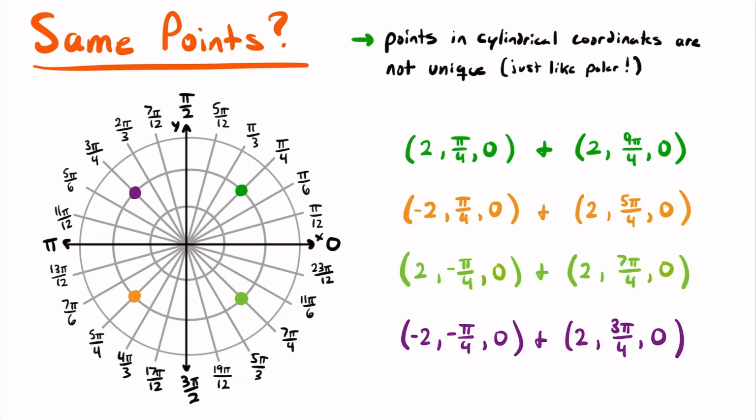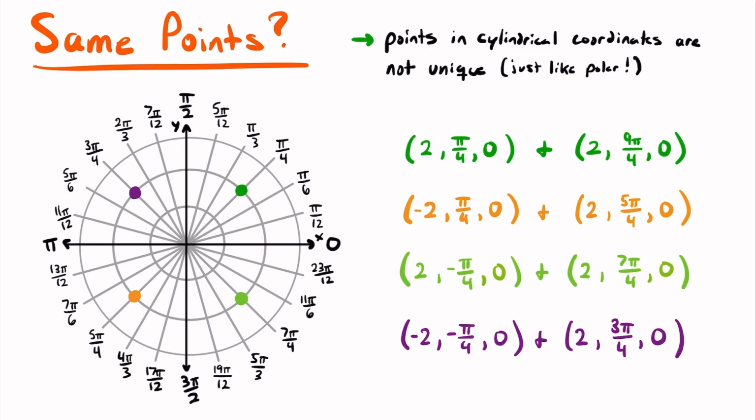All right, so I believe I did a very similar demonstration in my original polar coordinates lesson, but if we're just looking at the xy plane for a second here, if all of our z coordinates are 0, and we're just looking at our radius values and our angles of theta, we can represent the same point in that plane with a lot of different coordinates. I just have 2 examples for each of these points in this plane right here.